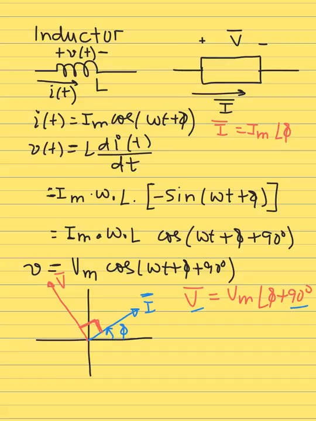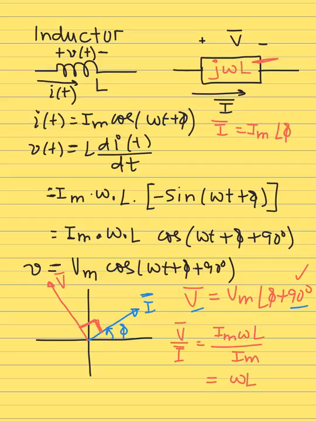And also in order to have this element in here, we're going to say V over I, which is Vm over Im, which is Im ω times L over Im. So amplitude wise it's ωL, and since it's a 90 degree phase relationship as well, this element will be jωL.